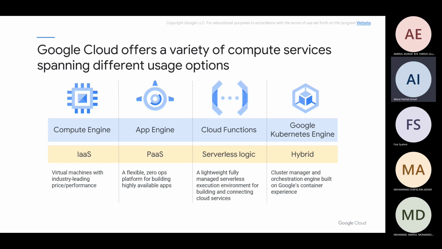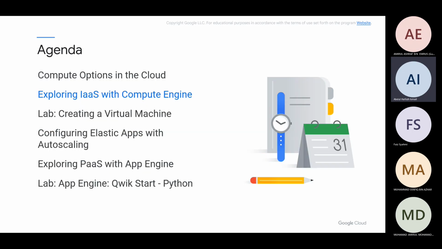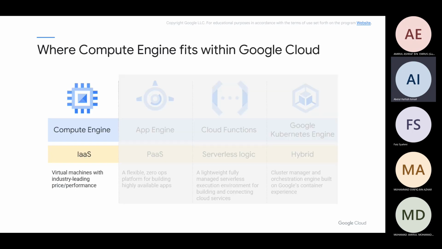You can leverage GKE, Google Kubernetes Engine. We will discuss each of these compute services during these modules. So next we will discover how to build and deploy applications with compute engine.